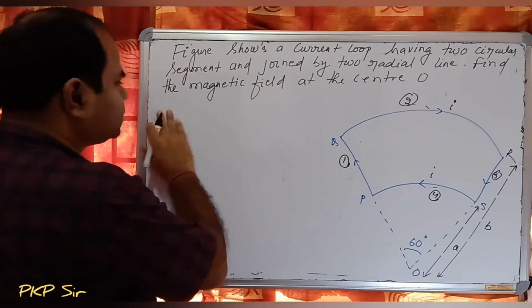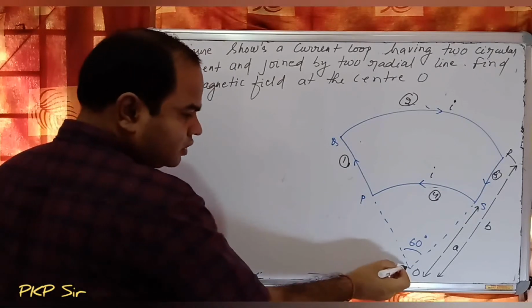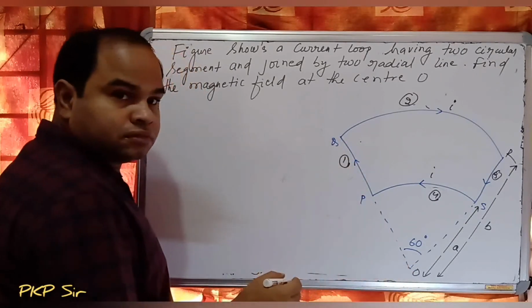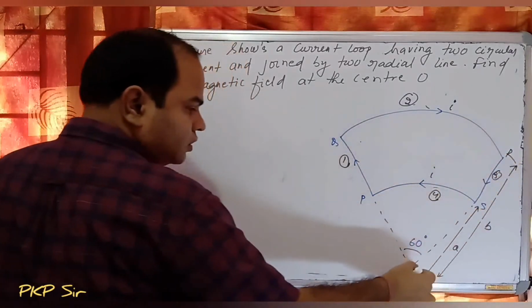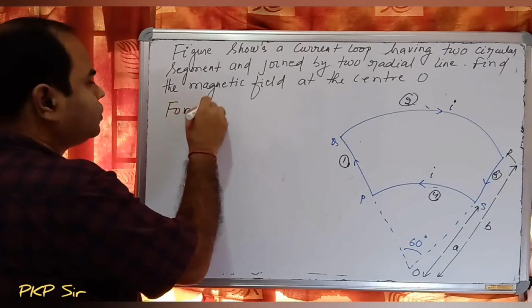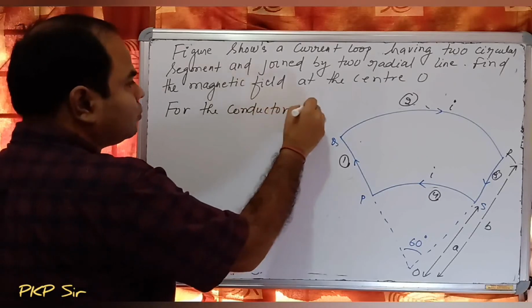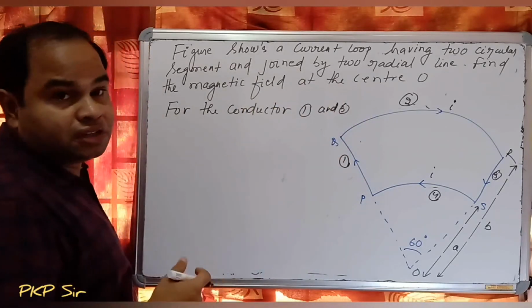If you consider the first and the third conductor, the point O lies along the axis. Similarly, for the third conductor also, the point O lies along the axis. So for conductors 1 and 3 the magnetic field is 0.